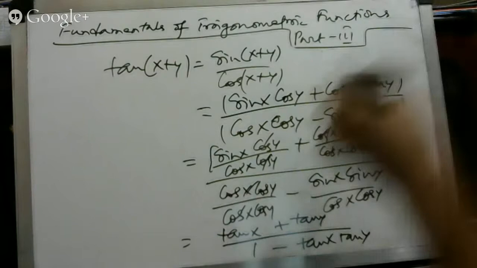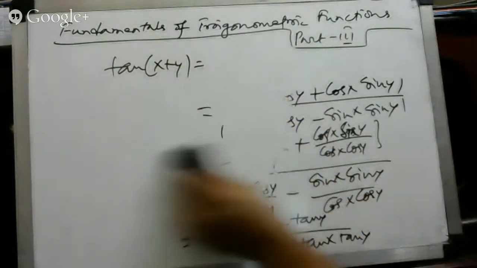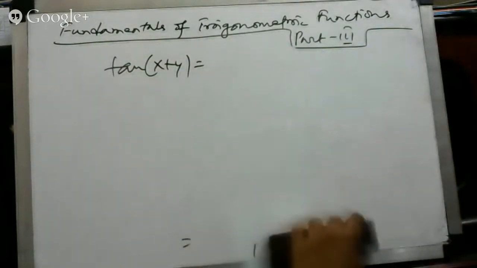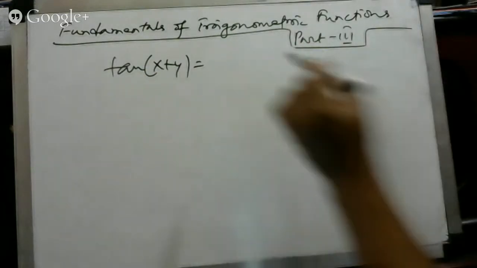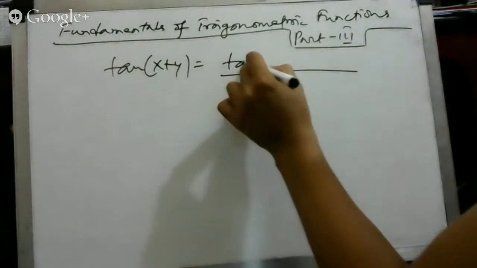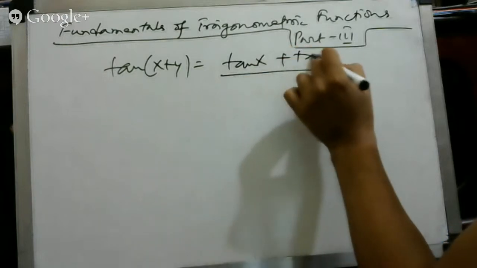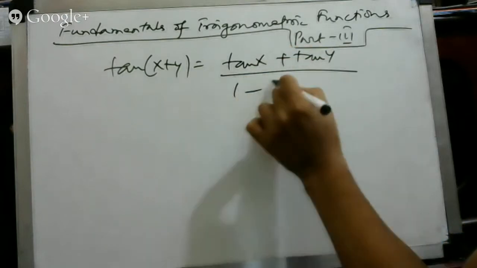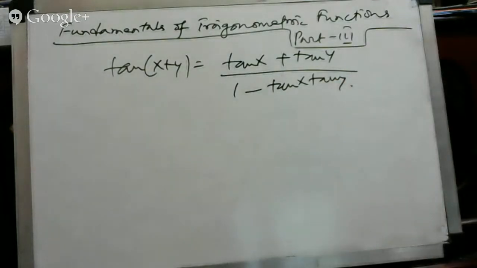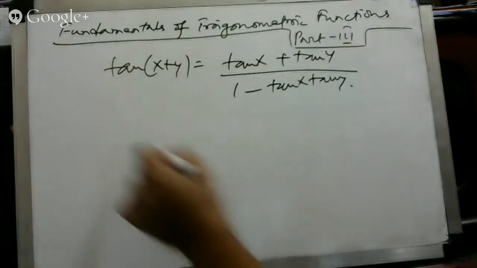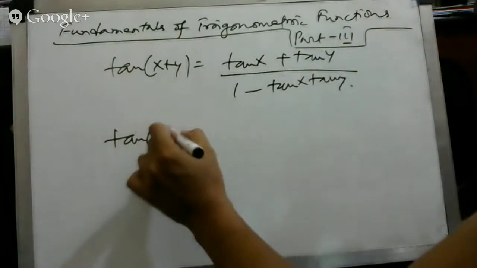So basically tan of x plus y is equal to tan x plus tan y divided by 1 minus tan x tan y, right? In the similar fashion, we can derive tan of x minus y.